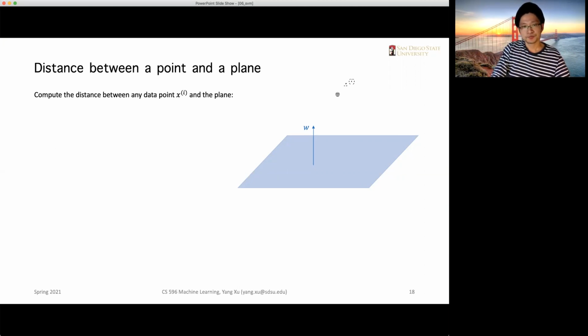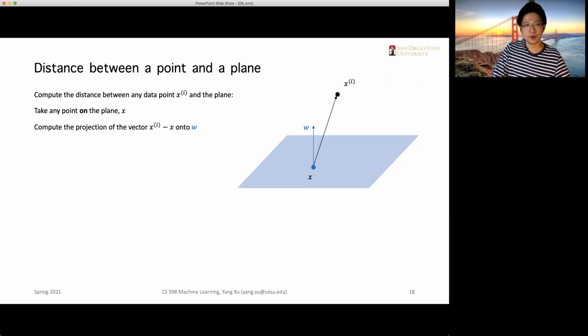Given this xi that is outside the plane, we first take any point on the plane, for example here x, and we compute the projection of the vector from xi to x onto W, the vector indicated by this black arrow.